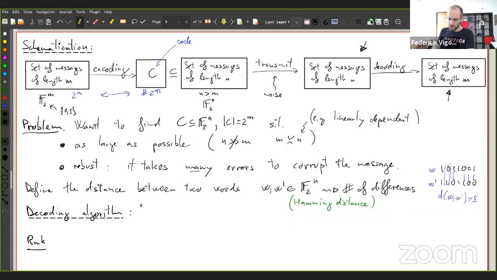You know that you were being sent an element of C, and then you get some random noise, and you have to make a guess at which element of C you were sent, and the natural choice is just to pick the closest one. The decoding algorithm is just to pick the closest element in C. And this will determine for you a message.